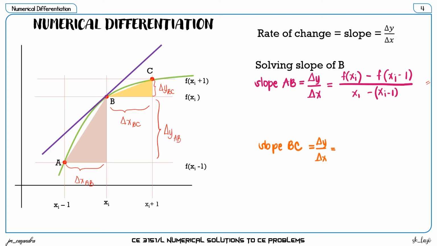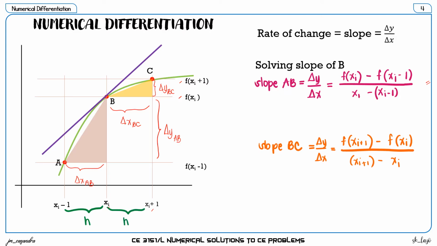That will be denoted as the difference between this distance, f of xi plus 1 minus f of xi, all over xi plus 1 minus xi. If we're going to take this into consideration, we must make sure that the distances between our points along the x are of equal values.